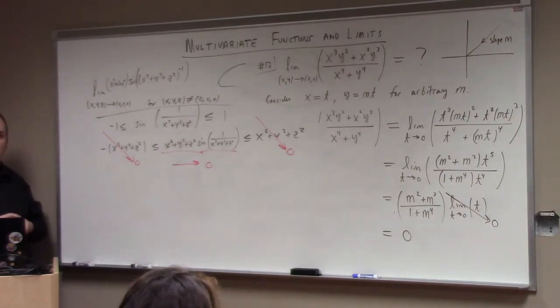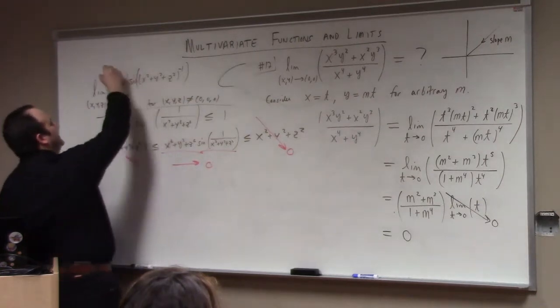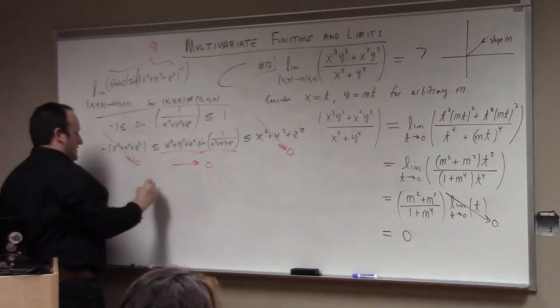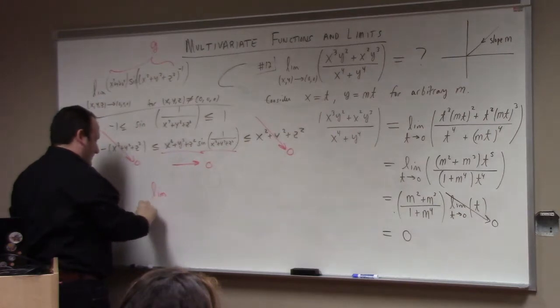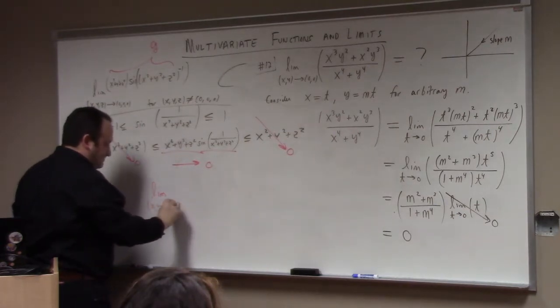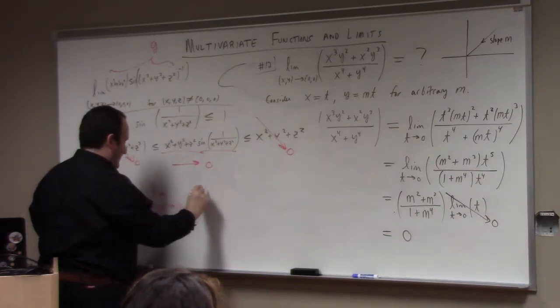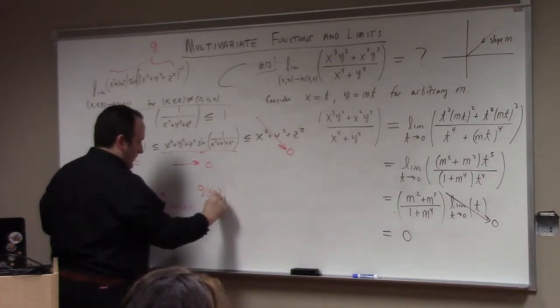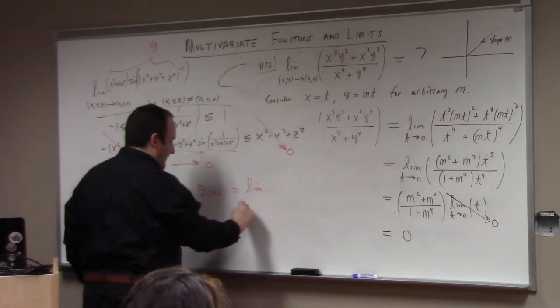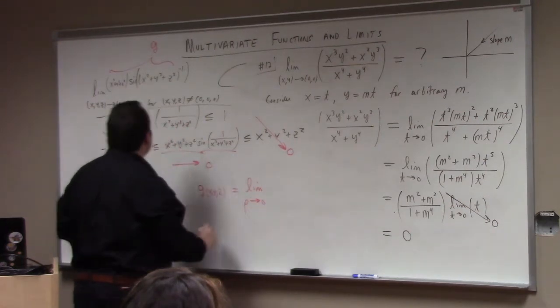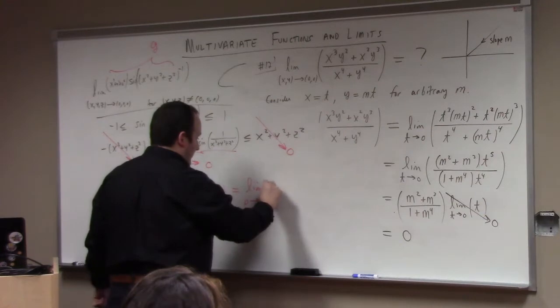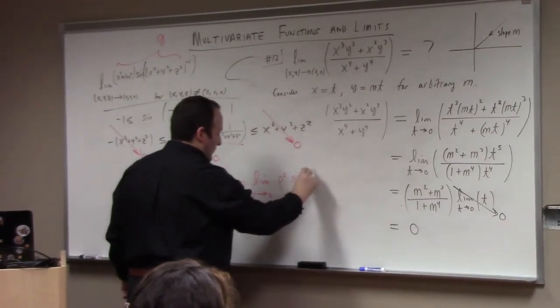We still have a squeeze theorem for multivariate limits. It's sometimes useful. Or, if you want to, we could call this g, and we could say the limit as x, y, z goes to 0 of g, well, that's really the limit as the spherical radius, rho, goes to 0 of rho squared times the sine of 1 over rho squared.